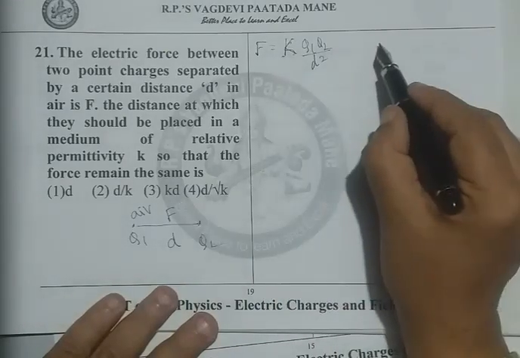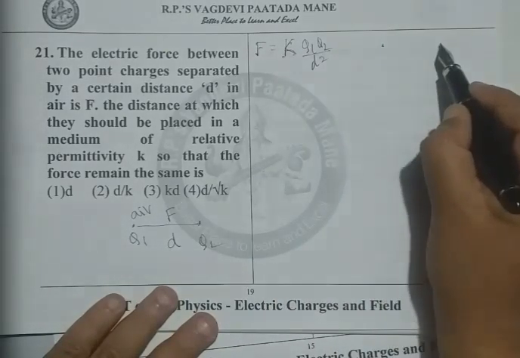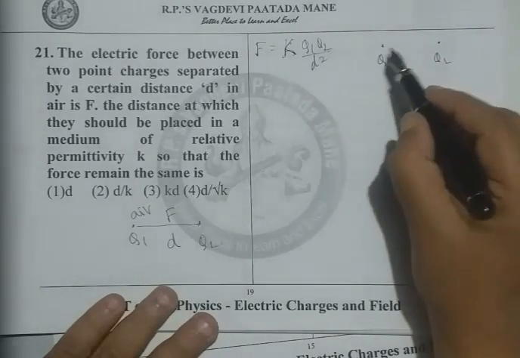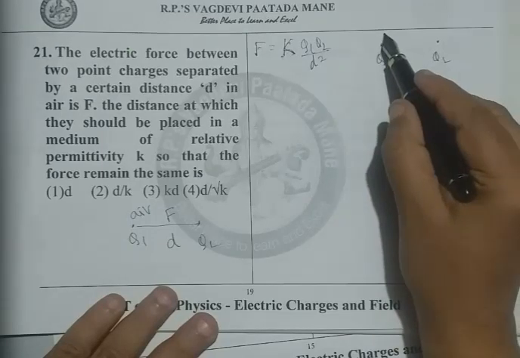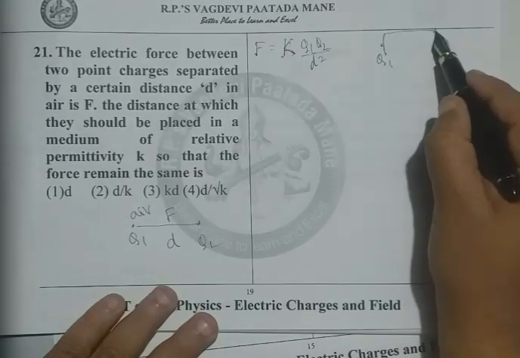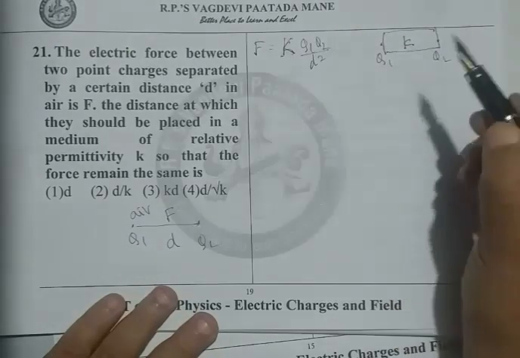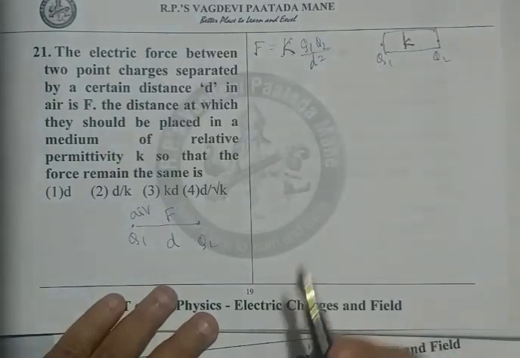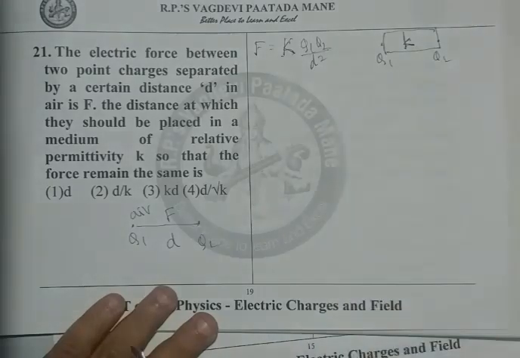Now, if we replace the gap between two charges by a medium of dielectric constant K, I write small k, lowercase k.